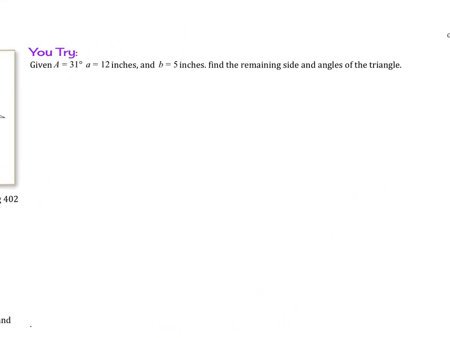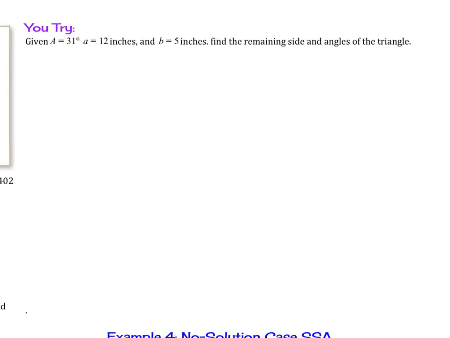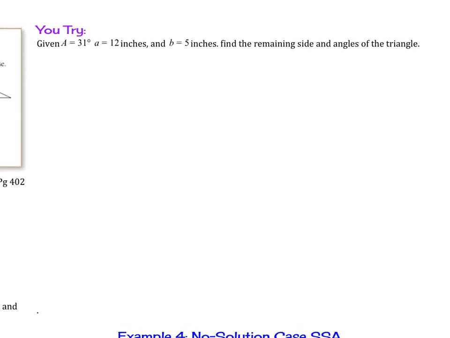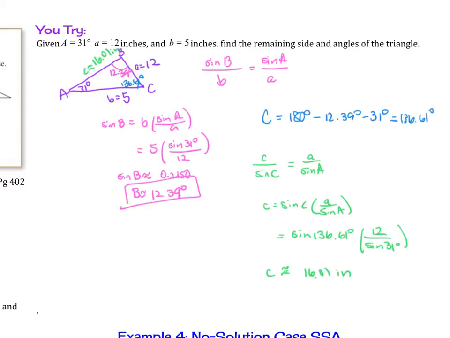So you try: given A is 31 degrees, a is 12, and b is 5, find the remaining side and angles of the triangle. It might be helpful to sketch a picture. All right, we tried this out. You need to find sine of B because you do know side b, so sine of B over b equals sine of A over a.